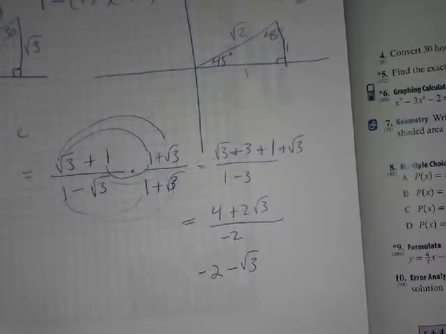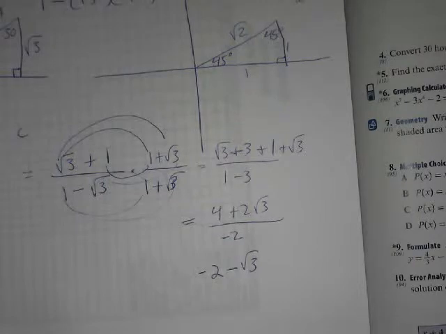Let me check that, make sure that's right. Yeah, they wrote theirs as negative √3 minus 2. They're the same thing.